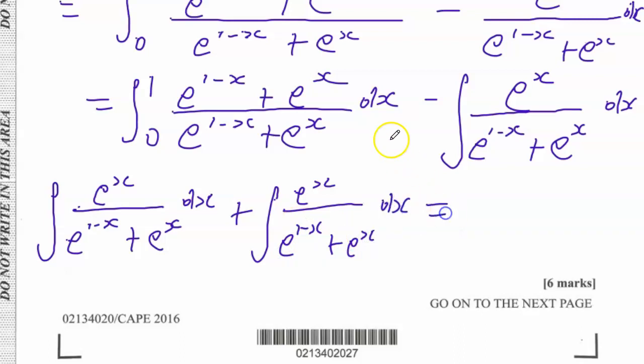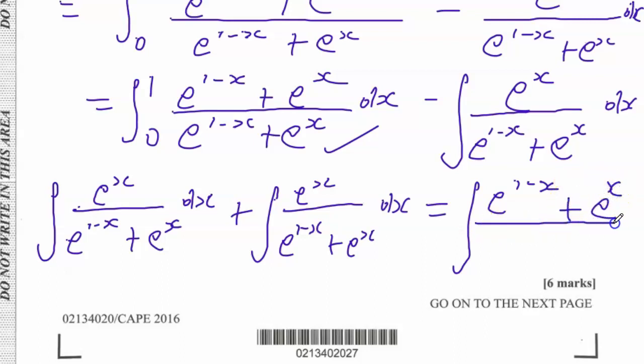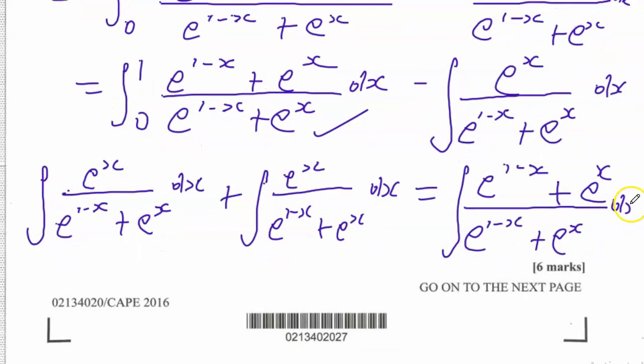So on the other side, we'll be left with just this, right? The integral of e to the 1 minus x plus e to the x over e to the 1 minus x plus e to the x dx. Alright?